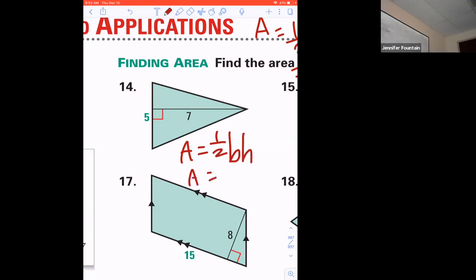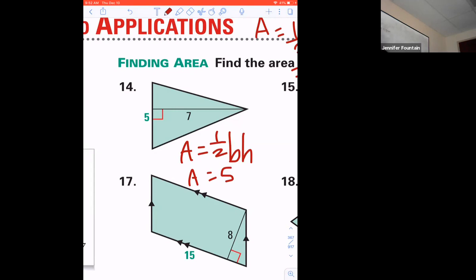What is my base measurement in this triangle? 5 is my base. When I have a height, I can see that right angle. If I were to turn this around and set it up, it would be sitting on the 5. So 5 is my base, and my height is 7.